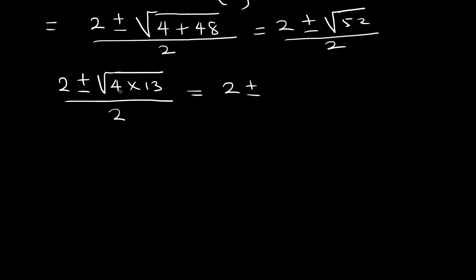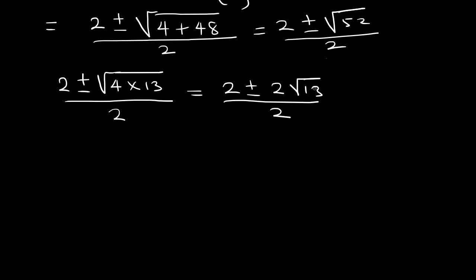Now 4 is a perfect square, so we'll get the square root of 4, which is 2, bring it out of the square root, and 13 will remain in the square root. So we'll have 2 root 13 over 2. So now, the next thing is to factorize.